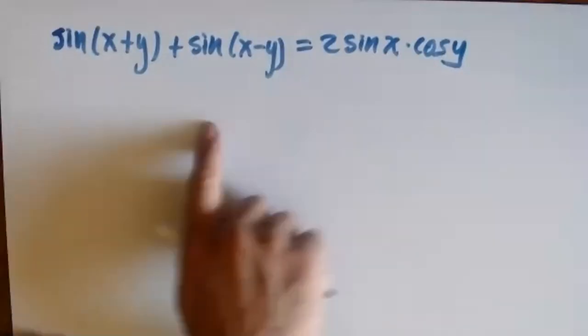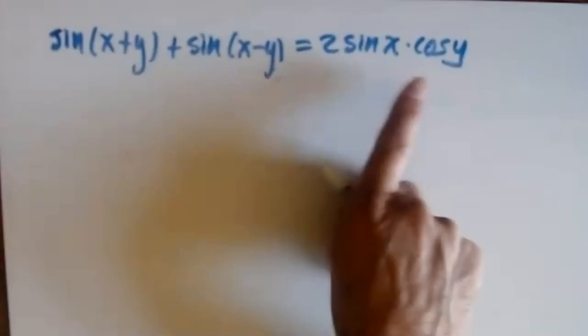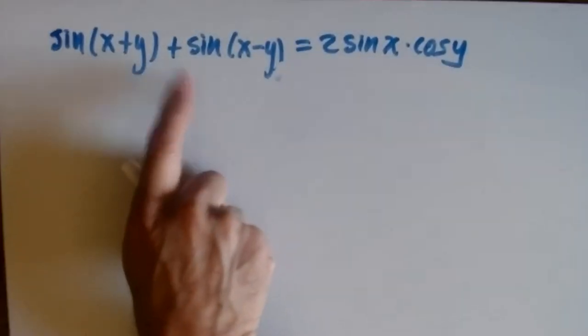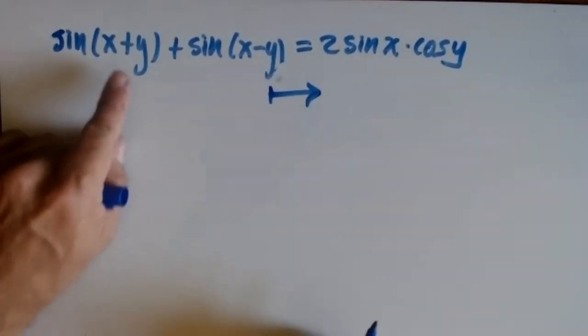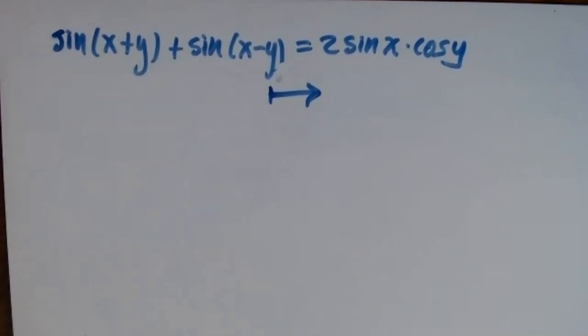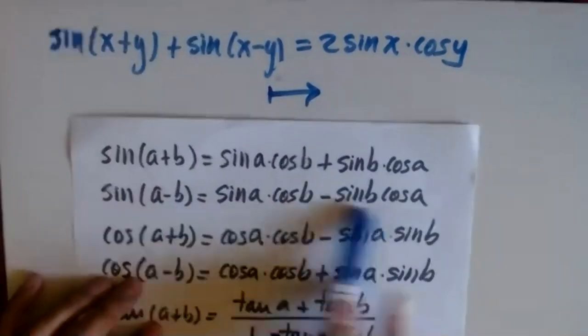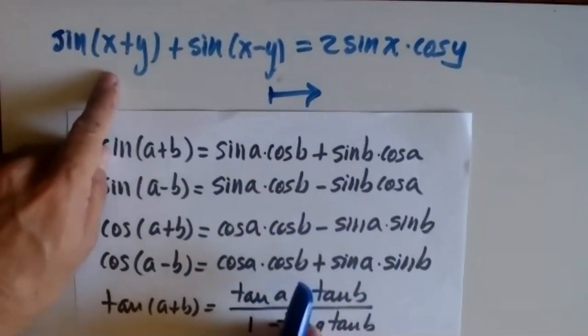So we have to prove this identity. Remember, you move from the complex to the simple one, because this is going to be simplified. So you go from left to right. You have to expand these using these formulas. Okay, let's do the first one.